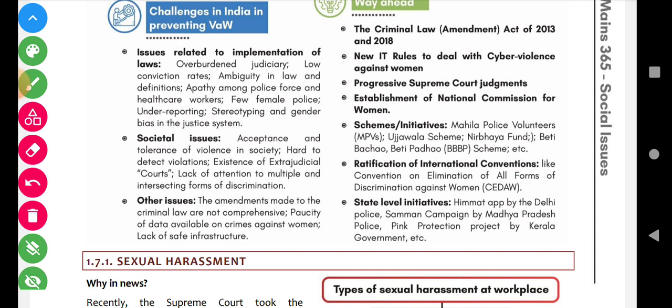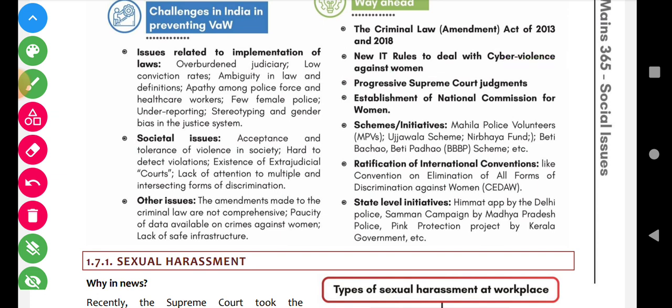What is the way forward to solve these problems and reduce violence against women in India? First is the Criminal Law Amendment Act 2013 and 2018 and new IT rules to deal with cyber violence against women.